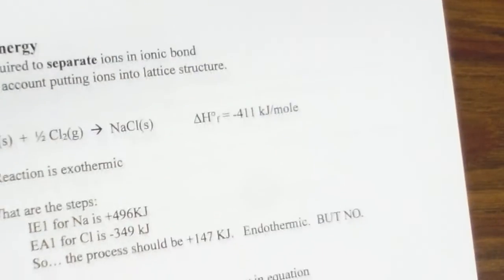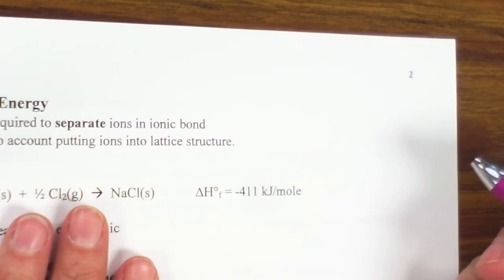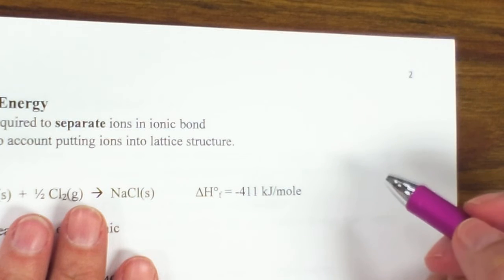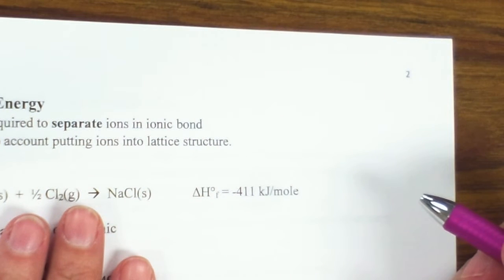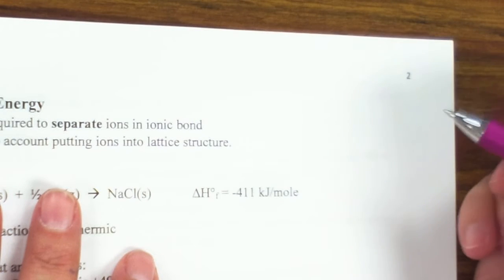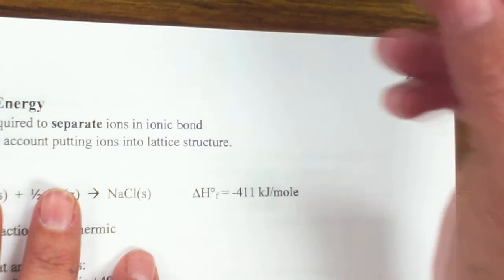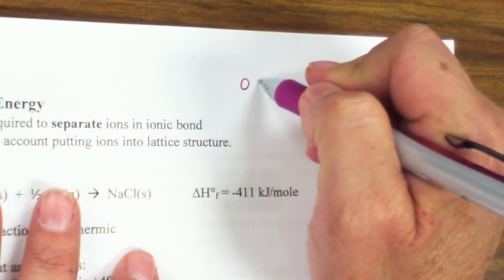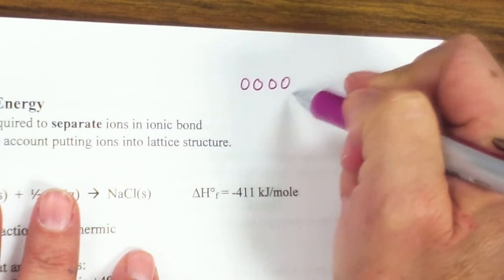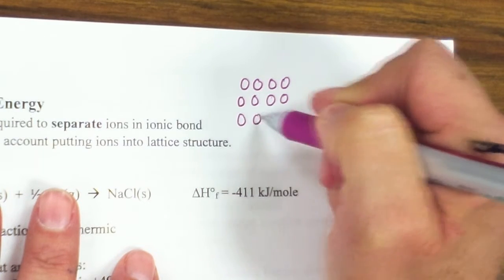All right, lattice energy. So lattice energy is the energy required to separate ions in an ionic bond. So when ions come together like sodium chloride, and that's the one we're going to use, they create this ionic structure that looks like this.